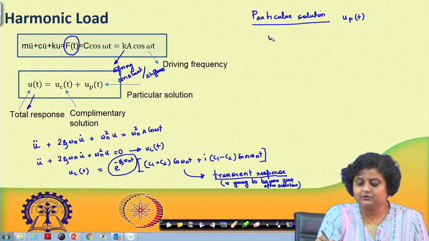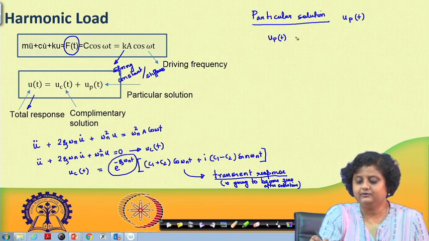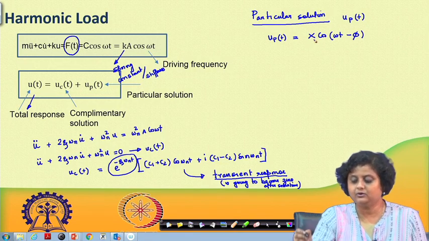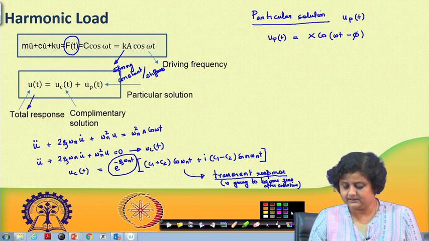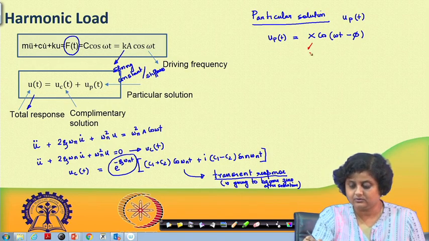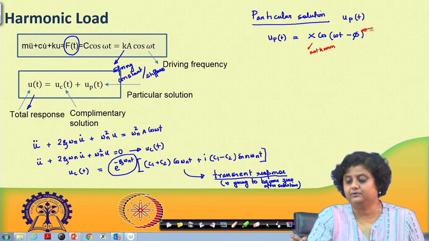So, let me assume that u p t is going to be x cos omega t minus phi, where x is unknown and phi is unknown. I do not know x, and this is also not known to me as of now.